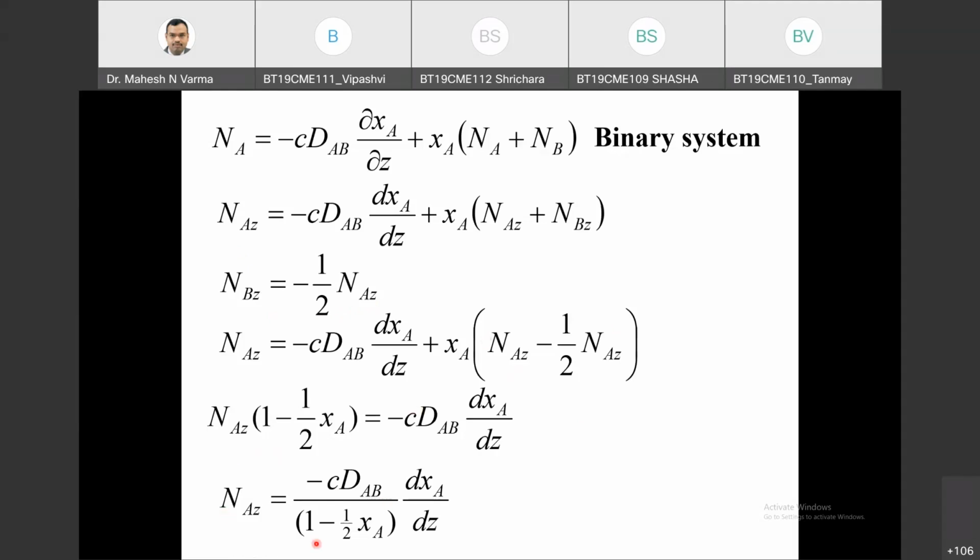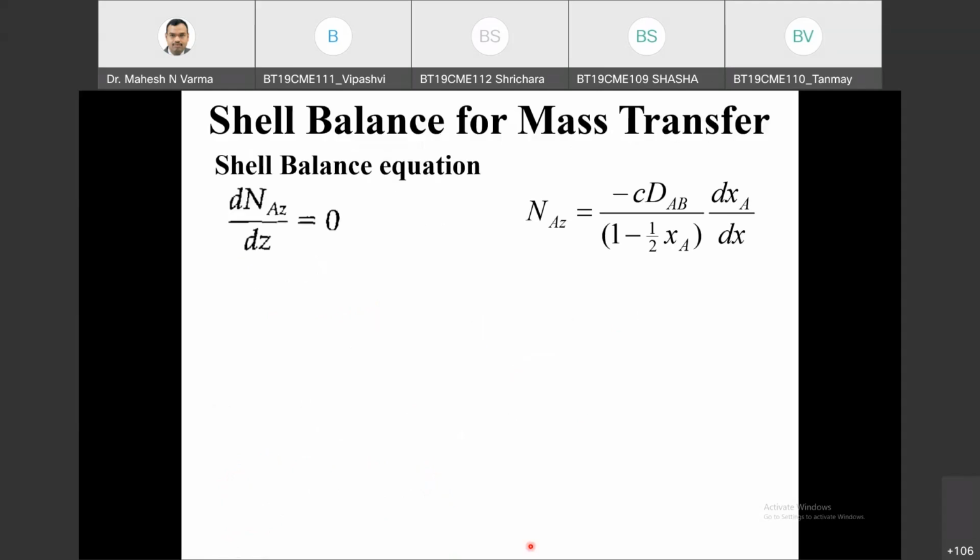we will get this NAZ, which correlates concentration with respect to flux. Now substituting this information in the shell balance equation, this is the equation we will get. C is the total concentration, assumed to be constant.